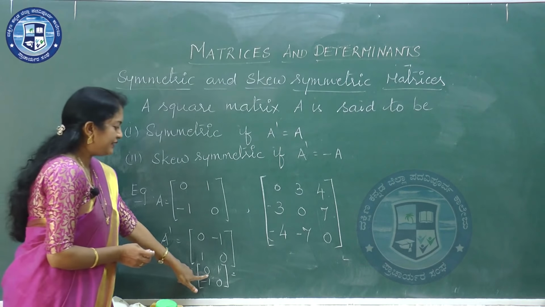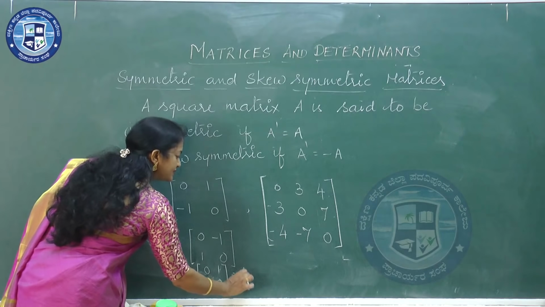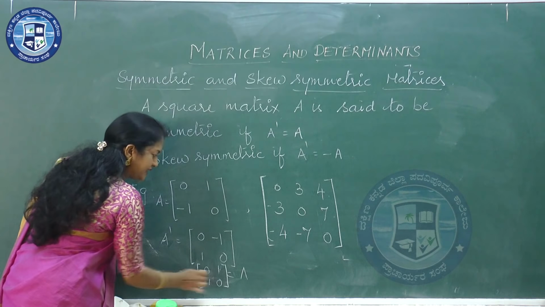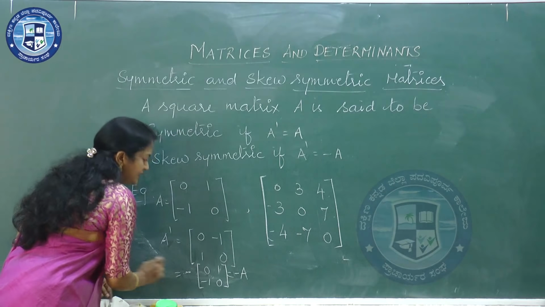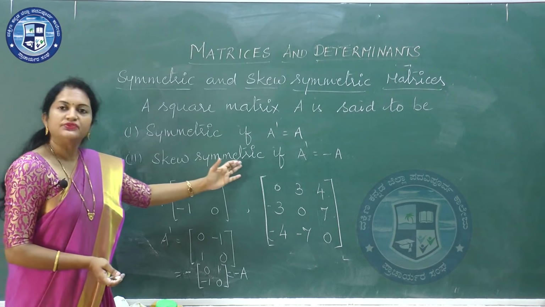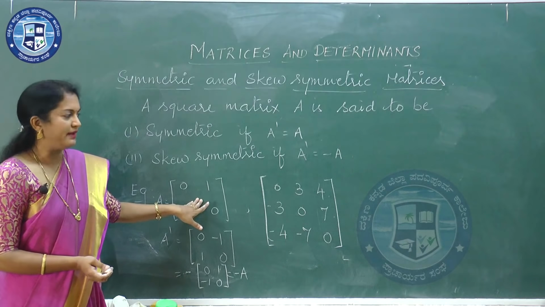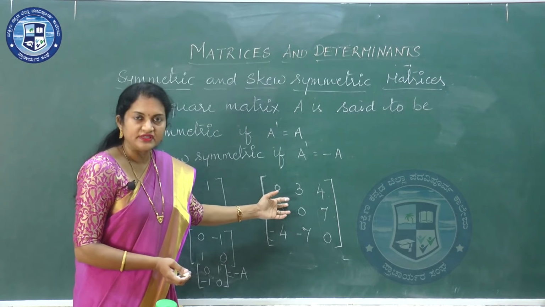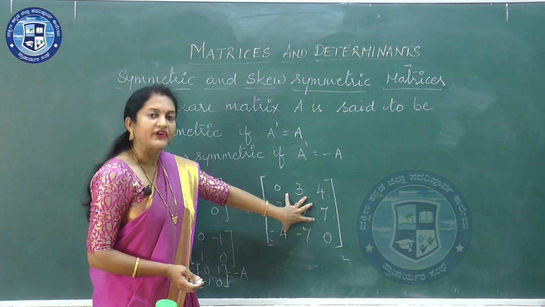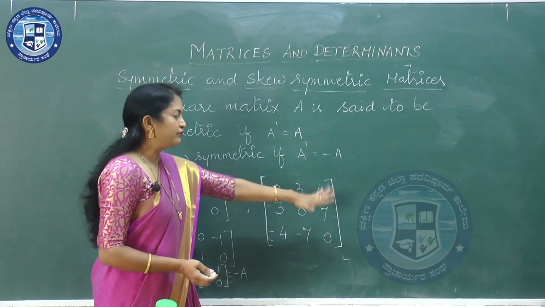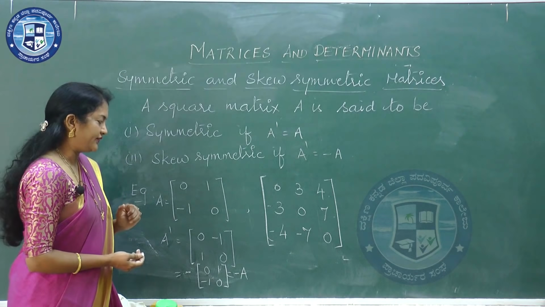So this 0, 1, minus 1, 0 is nothing but A. So what you have got? A transpose is equal to minus A. So it is satisfying the condition of skew symmetric. Hence this matrix we can say is a skew symmetric matrix. Even if you do this for this matrix, you will be getting the transpose as the negative of the original matrix. Such type of matrices are called skew symmetric matrices.